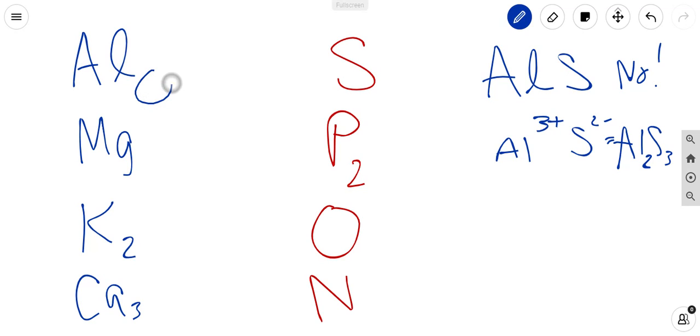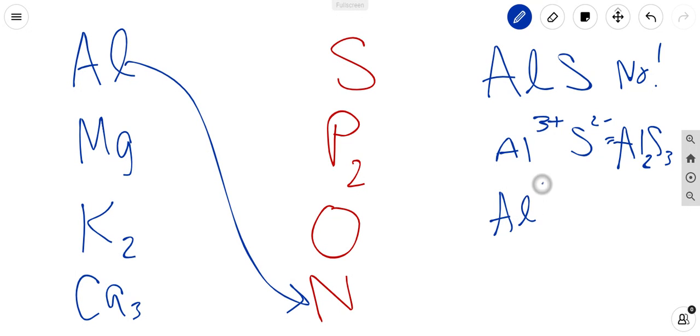There's no subscript down here. Because there's no subscript, I know that it has to cancel out with something that has the same charge. Al's 3, so I need something with a 3. So this is going to match to N. Let's double check that. Al 3 plus, N is 3 minus. They cancel out, so I get AlN.